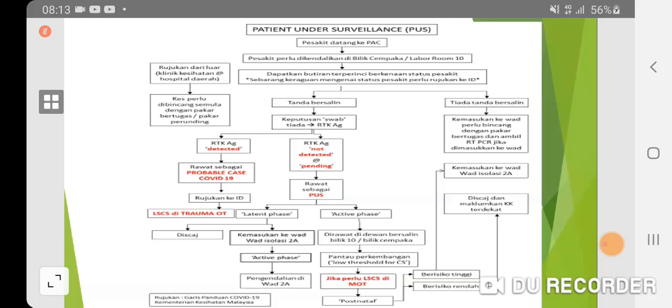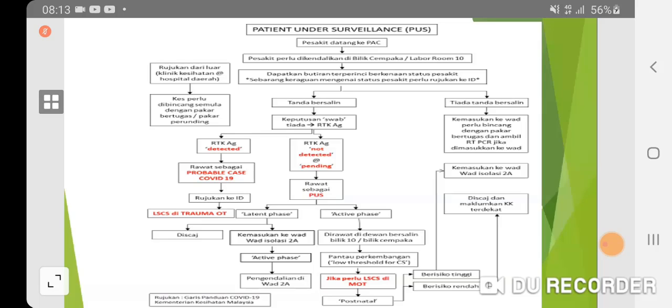This patient should be treated as a normal patient with a low threshold for cesarean section. If a cesarean section is needed, we can do it in the MOT. Then we can treat the patient postnatally in isolation ward 2A.